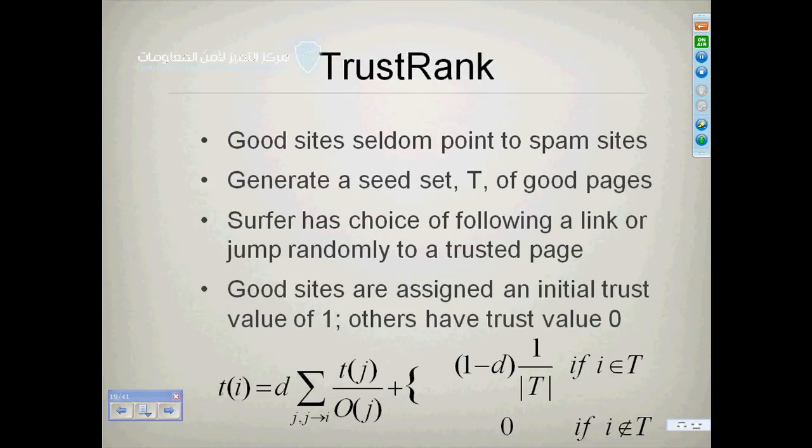And so whenever you do these kinds of iterative procedures, you have to initialize trust in some way. And so here the initialization says that each of the pages in the seed set that you can trust gets a trust score of 1, and all the other pages get no trust value. And then you do the iteration and make the trust score converge.